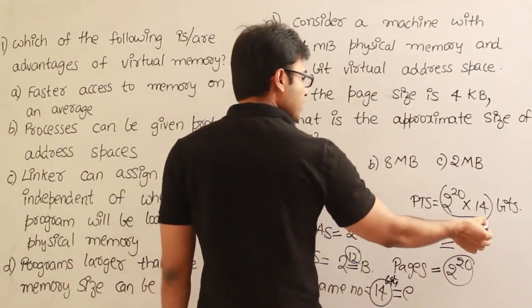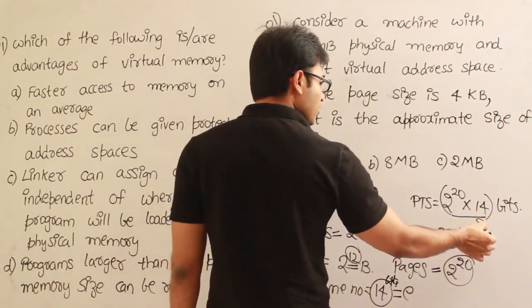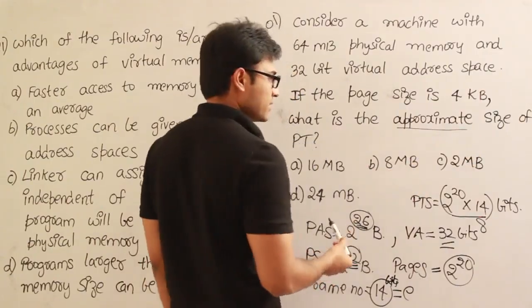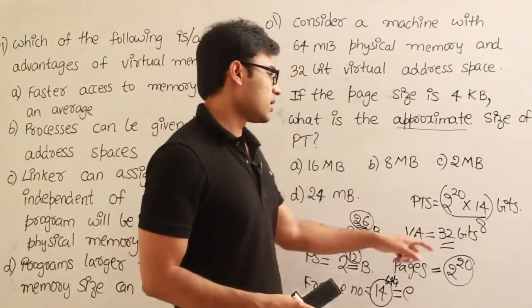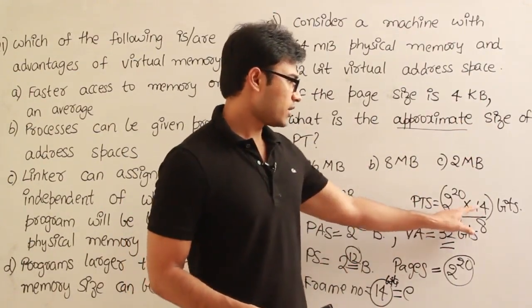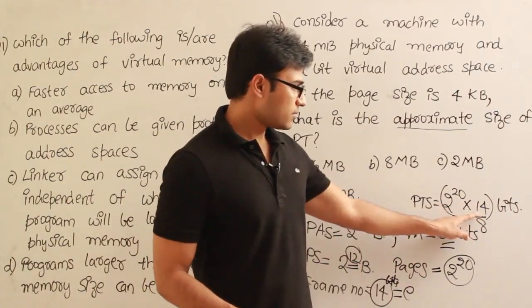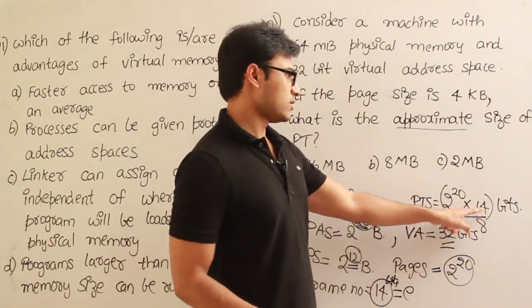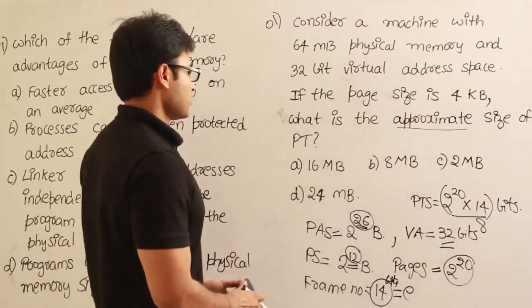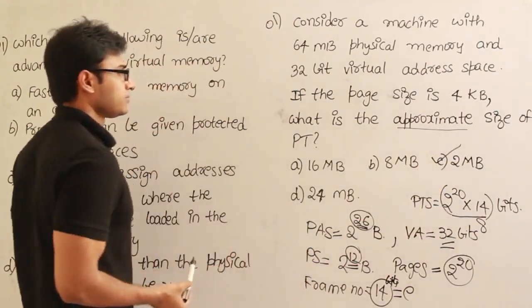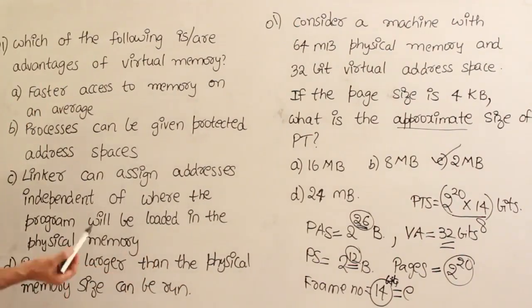So if we divide it by 8, it is nearly equal to 2 MB. They are asking approximate size, not the exact size. Exact size is 2 power 20 into 14 by 8 bytes, but if you substitute 16 in place of 14, you are going to get 2 MB. So approximate answer is 2 MB. Got it? Okay, that is about that paging.